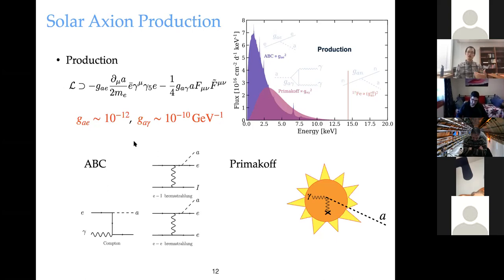Then you also have ions, like a line signal, which is not quite relevant for the Xenon experiment, but there's also nuclear coupling, where your excited ion can decay to the ground state and produce the axion. Adding the three things together, you get the total flux. This process is also relevant for stellar cooling. I will mention it again.